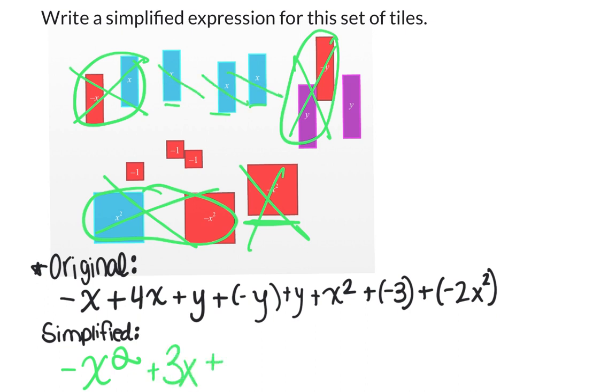And then I've got a plus y, or 1y, plus 1y is fine too. We generally don't write that though. And then I've got 3 negative tiles left, so I'm going to put plus -3. Now I could have also written -3. Either way would work.